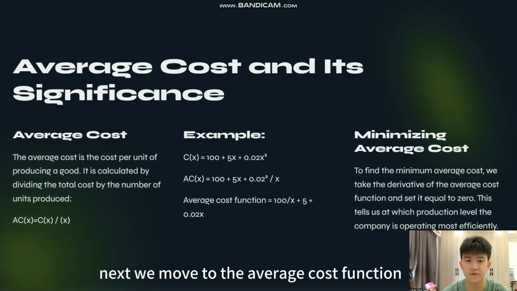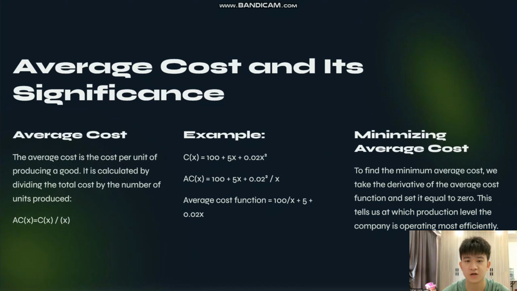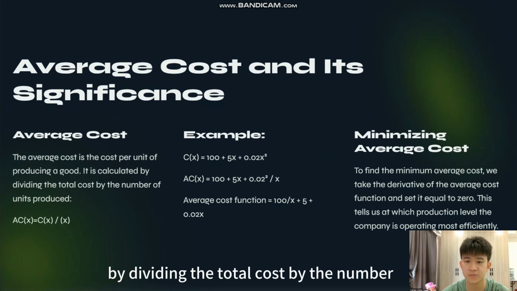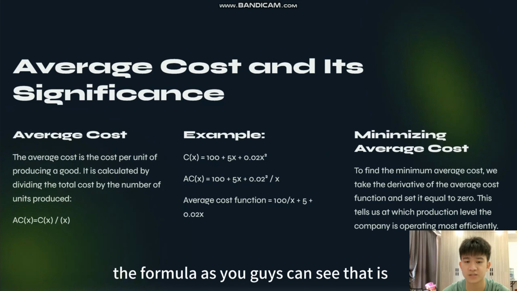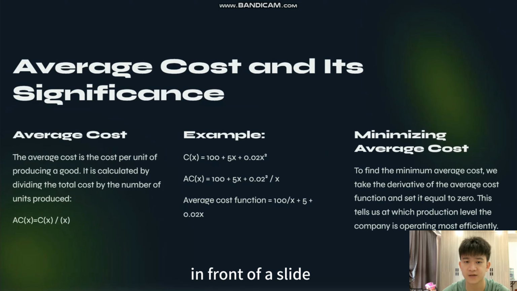Next, we move to the average cost function. The average cost is the cost per unit of producing a good, and it is calculated by dividing the total cost by the number of units produced. The formula, as you can see in front of the slide, is AC(x) equals C(x) divided by x.